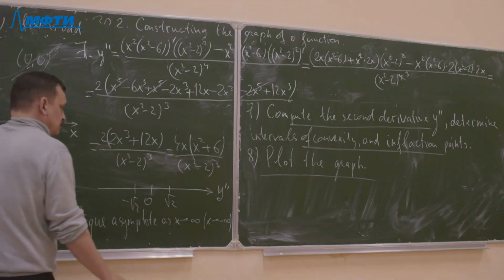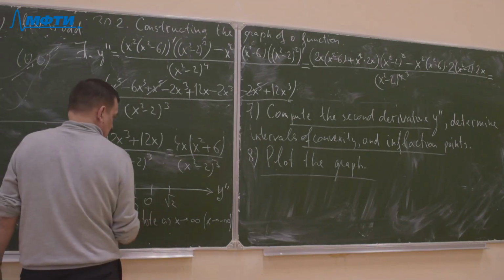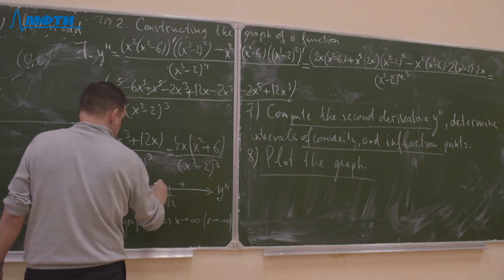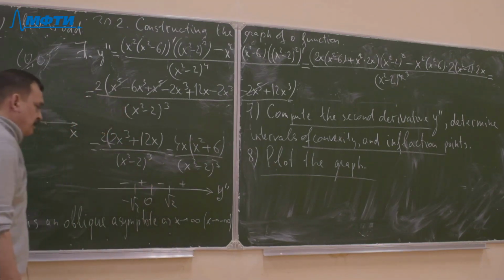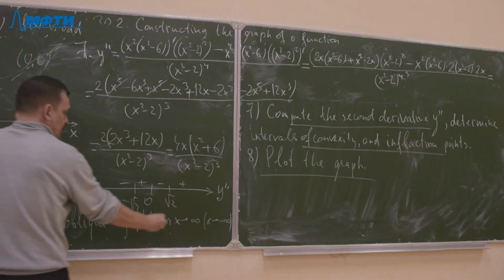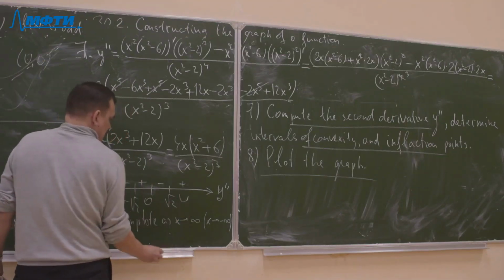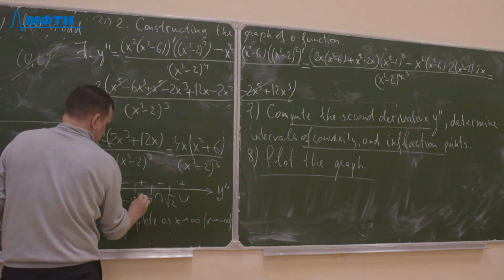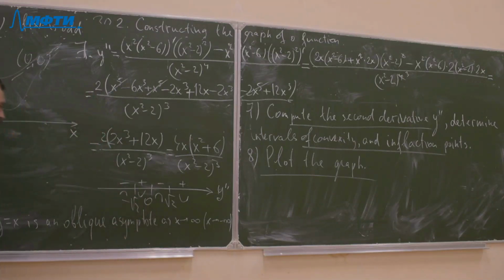It changes sign at every one of those points, so like that, and it means the directions are downward, upward, downward, upward. So now we can plot the graph.